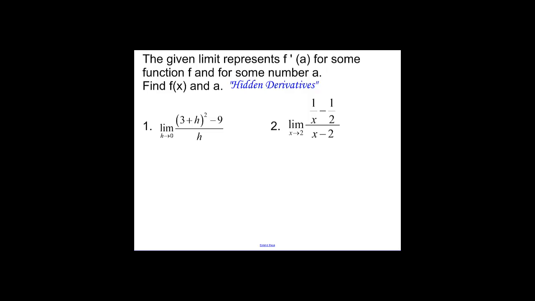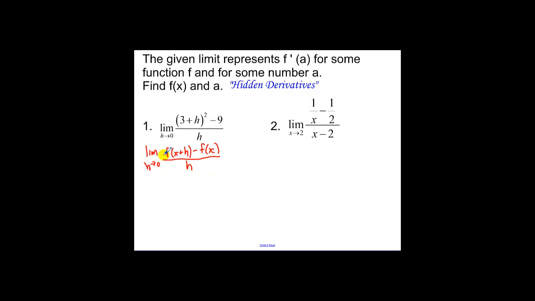A lot of times you're going to have limit questions that are going to be derivatives in disguise, I like to call them, or hidden derivatives. So remember the two definitions I gave you guys. Remember the limit as h goes to 0 of f of x plus h minus f of x all over h.